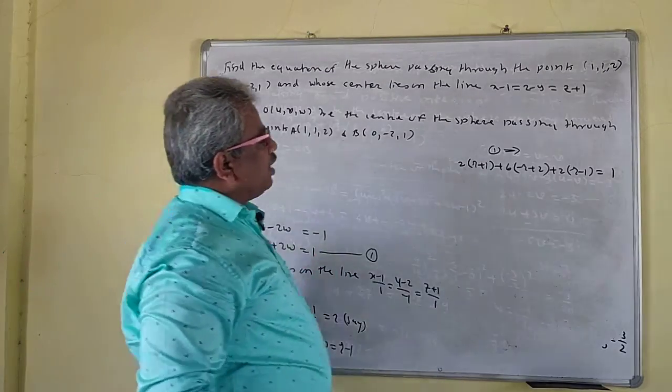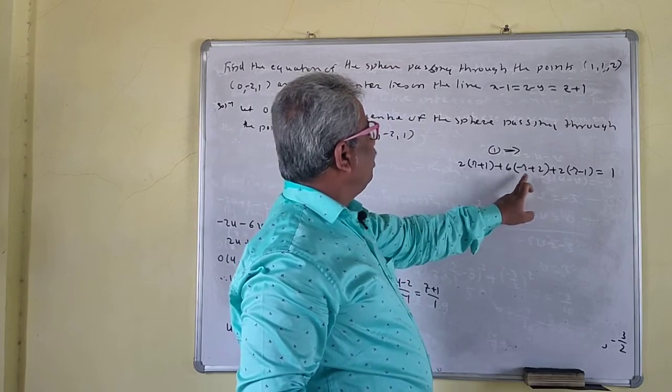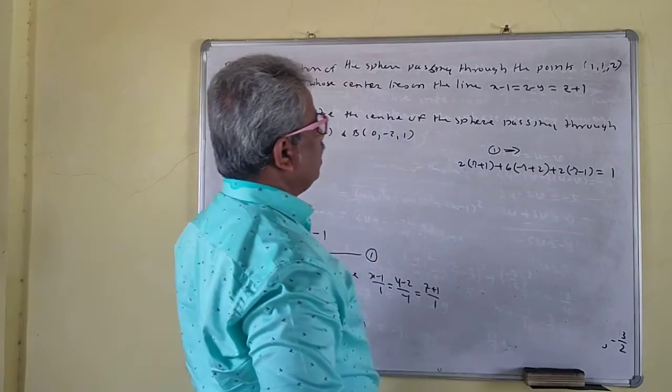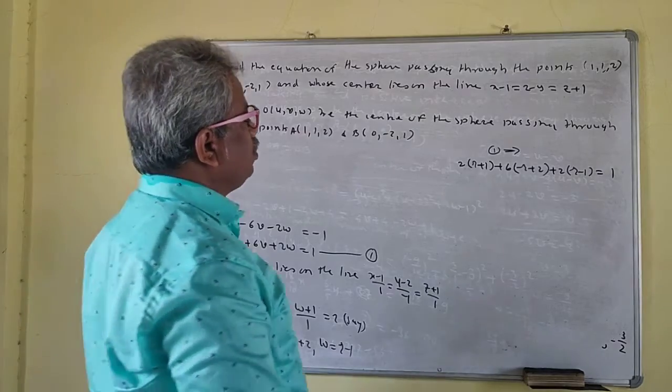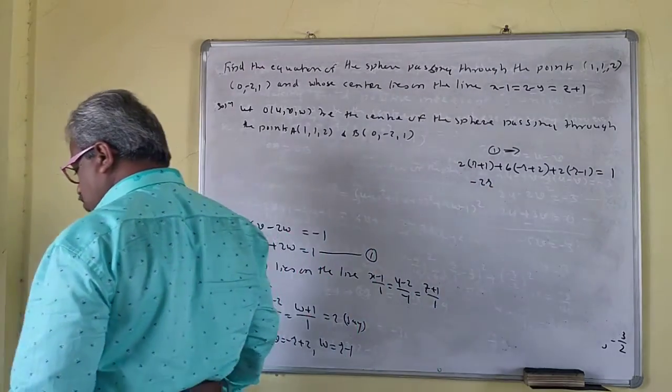Okay, so we'll collect the r now. This is 2r - 6r + 2r, so this is minus 2r.